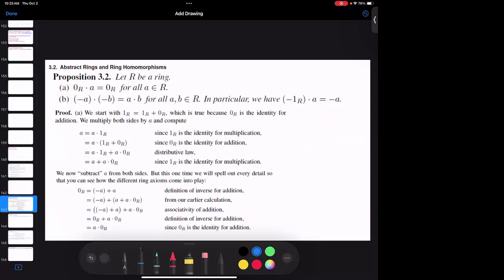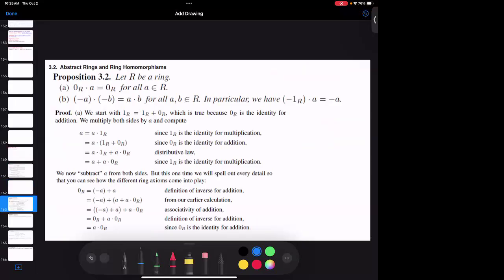So the first is proposition 3.2. I'm not going to write everything on the board. I'm going to just highlight the key arguments in the book, because this is very similar to a lot of the proofs we saw on groups, and that's why we spent so much time on them. So let R be a ring.